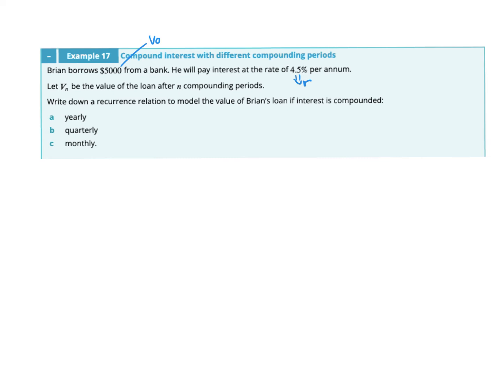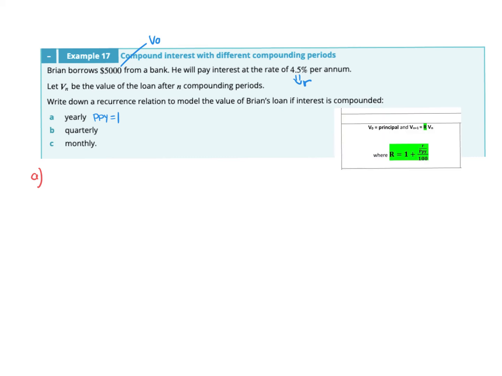Now it says write down a recurrence relation model for the value of Brian's loan if the interest amount is compounded yearly. So this means PPY equals 1. So if we write this one out, we use our formula again.